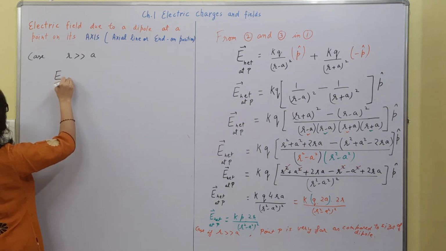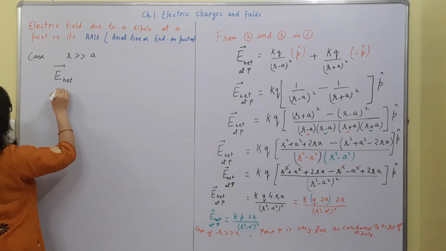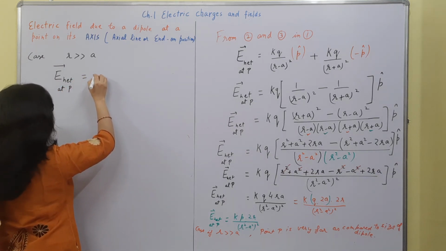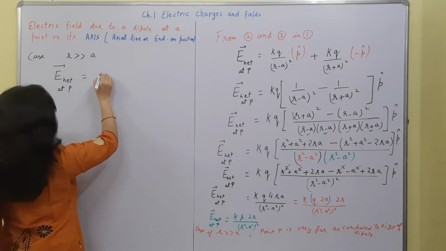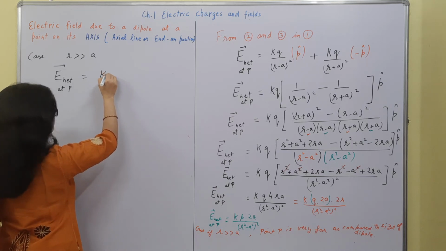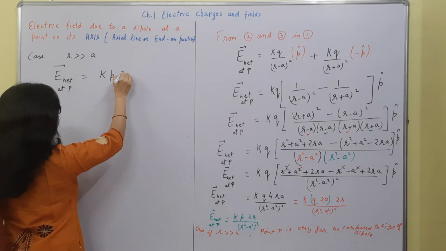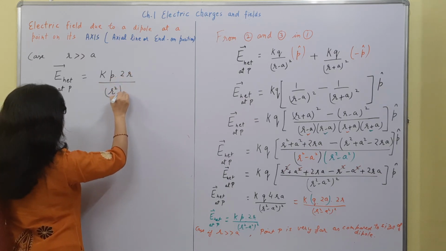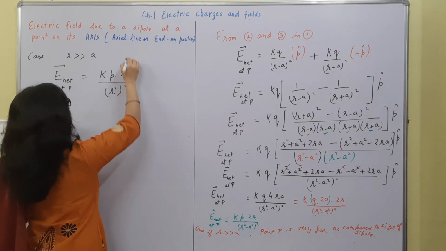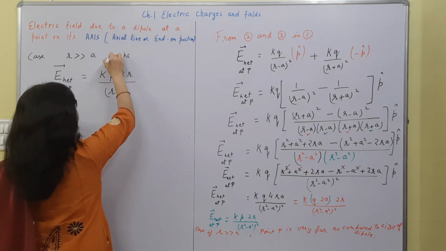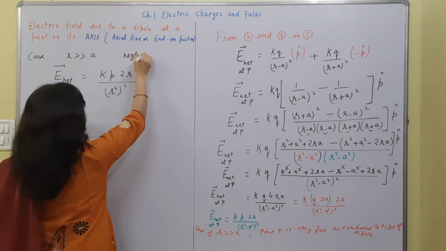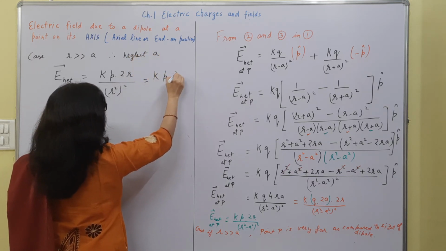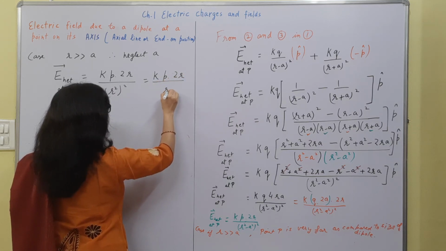E net at P is equal to K P into 2R upon R square to the power 2, because we have to neglect A. So this will be K P 2R upon R to the power 4.